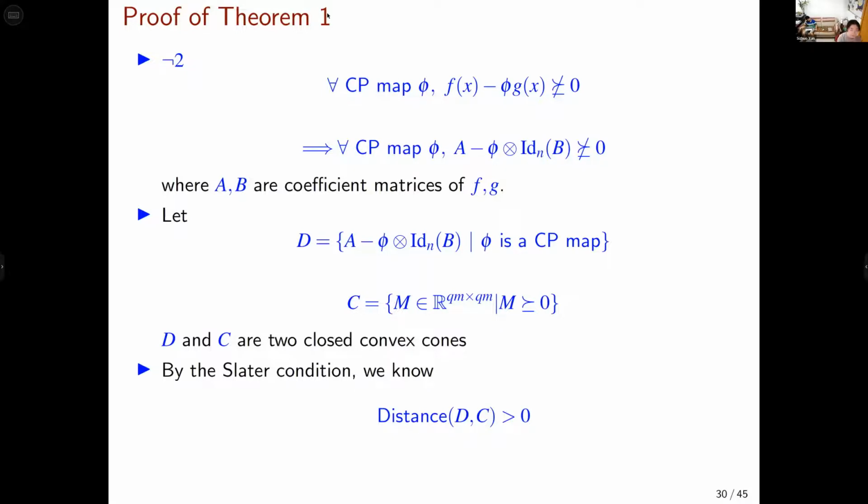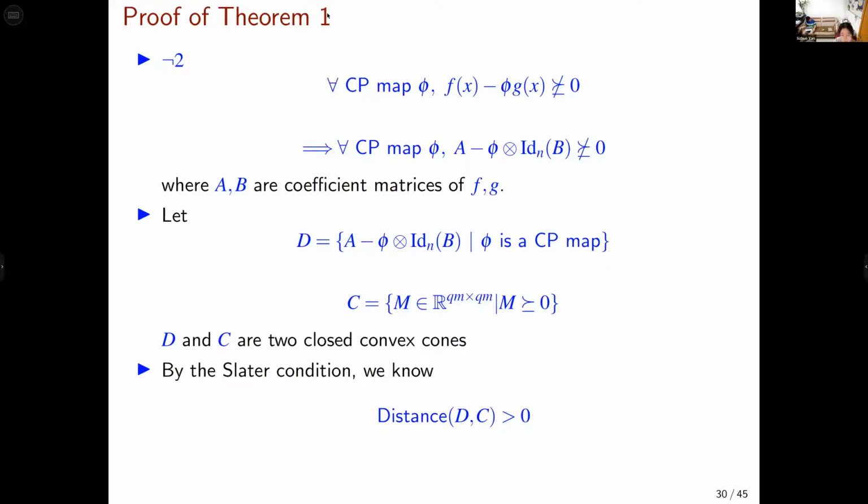And then we can define the set D. D is the set that contains all A minus phi tensor identity map on P, where phi is a CP map. And we use C to denote the positive semi-definite cone in the same matrix space. So we have two closed convex cones D and C. Then by the Slater condition, we know the distance between D and C is greater than 0.